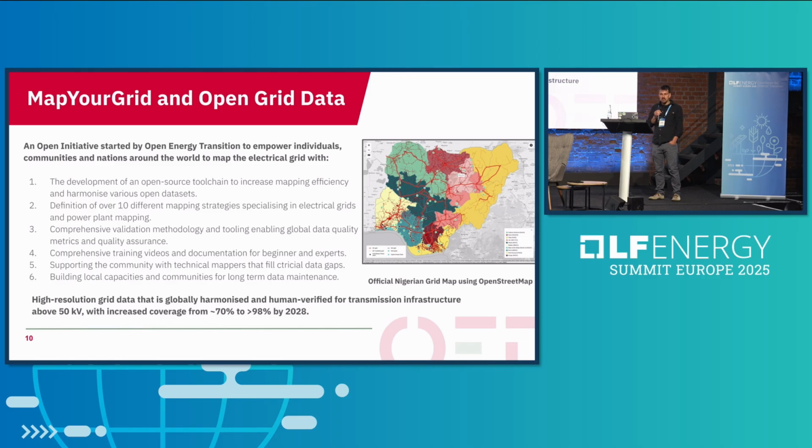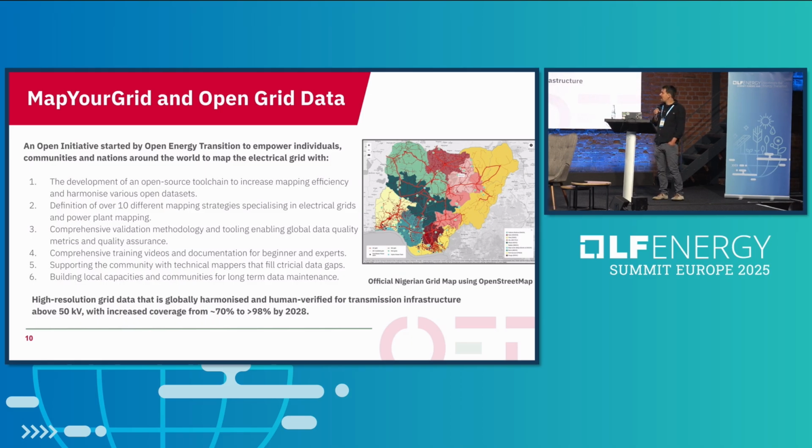So there's a community out there that found a sustainable data validation and curation method for transmission grid data. And some people think that this is just imports from your TSO dataset. That's not true, because every data point is human validated. It is forbidden to upload transmission grid data into OpenStreetMap.